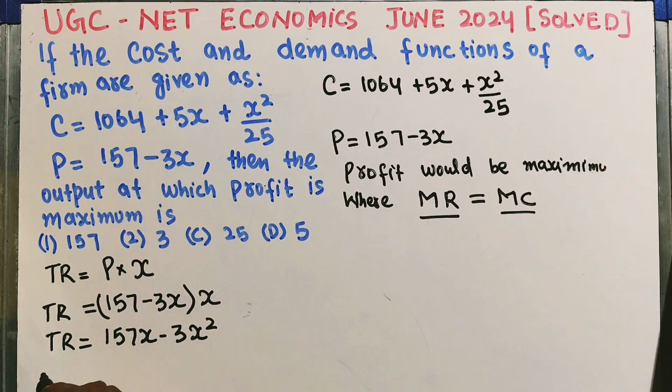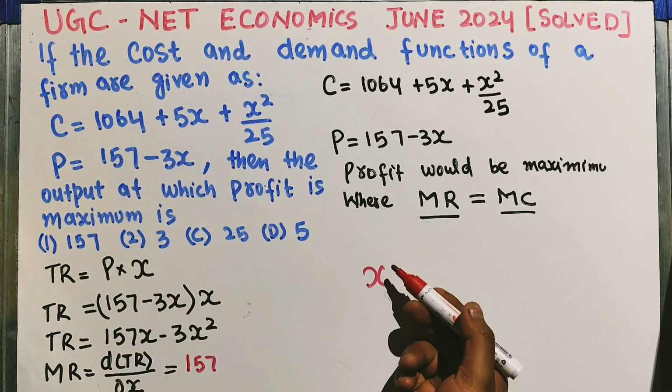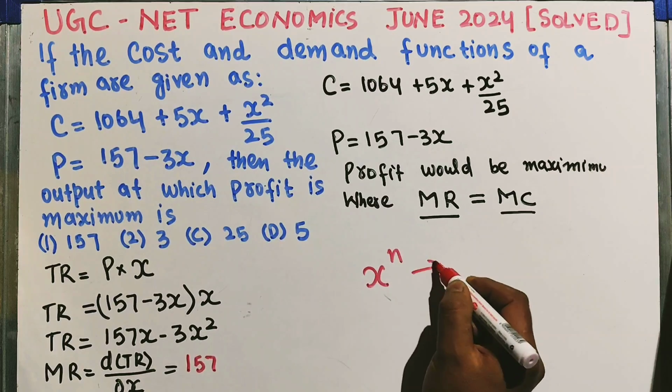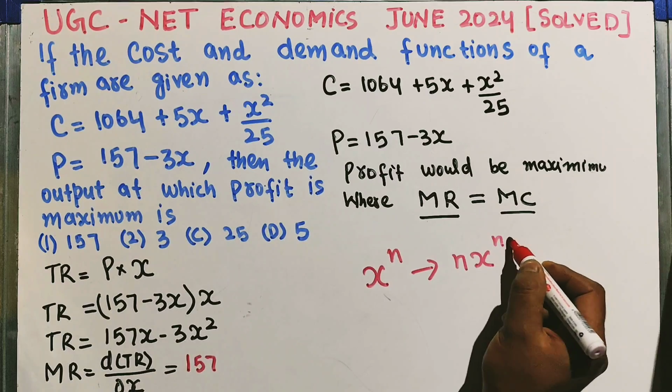Okay, now we know that the marginal revenue is simply the change in the total revenue due to the change in the output. The derivative of the total revenue function with respect to output gives us the marginal revenue. That means we need to differentiate this total revenue function with respect to x. The derivative of x will be 1, by the power function rule: if we have x raised to the power n, its derivative is n as coefficient, then x with the exponent subtracted by 1, that is n minus 1.